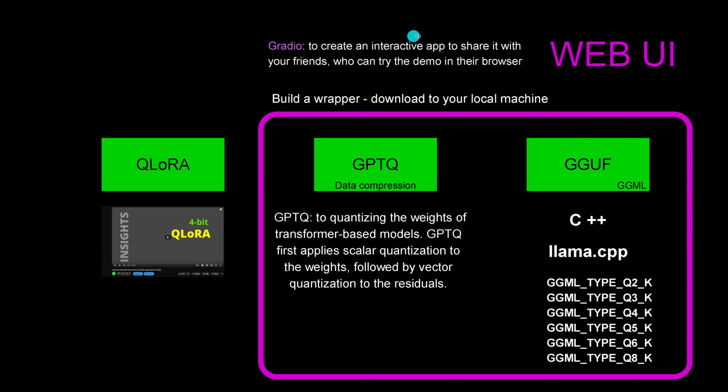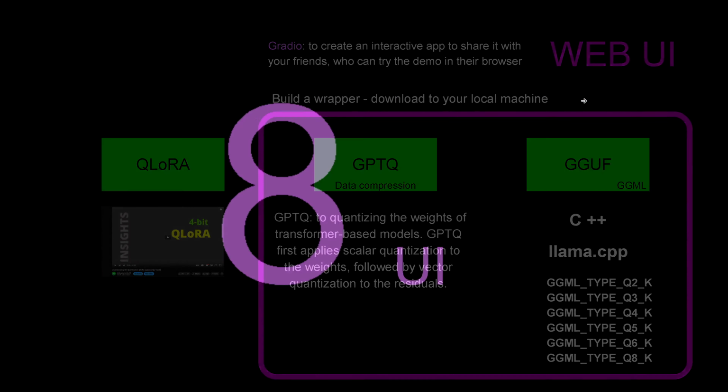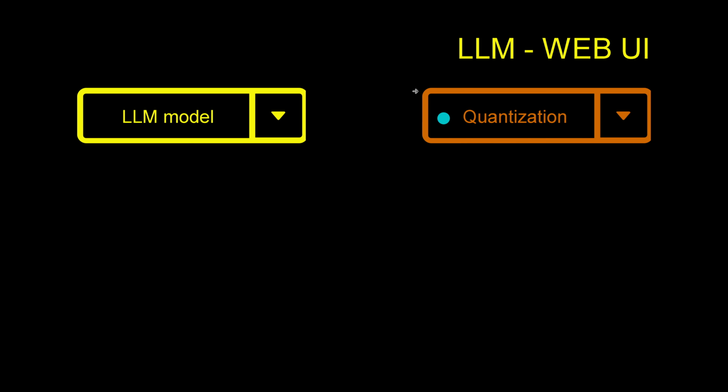You can now create an interactive web app to share with your friends, who can try out the demos in their web browser. So we built a web UI where we have those 2 core elements. It's always those 2 core elements, just the wrapper is different and you have a lot of different, very beautiful names. So I want to show you 8 user interfaces for this specific LLM quantization.